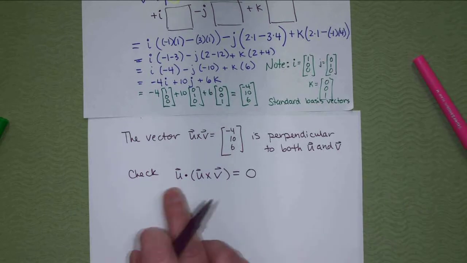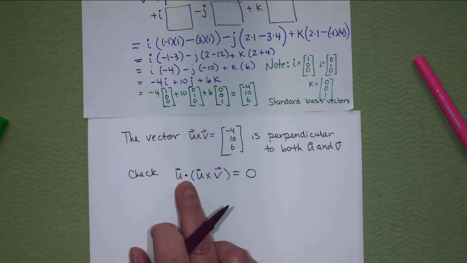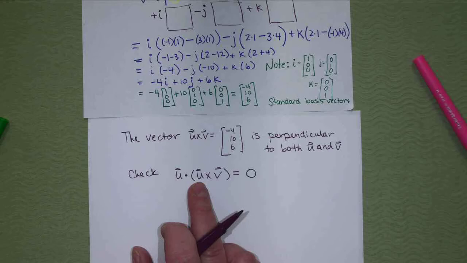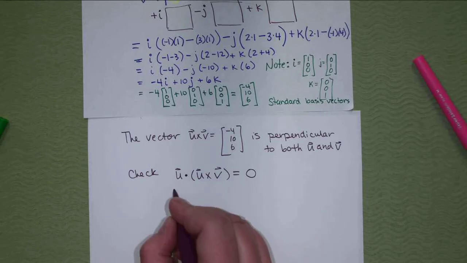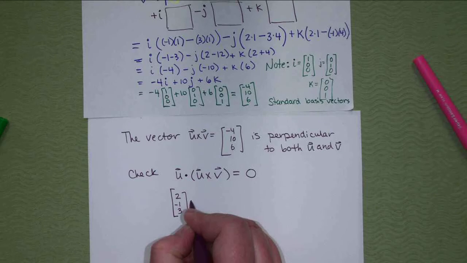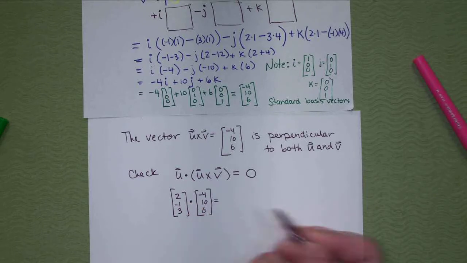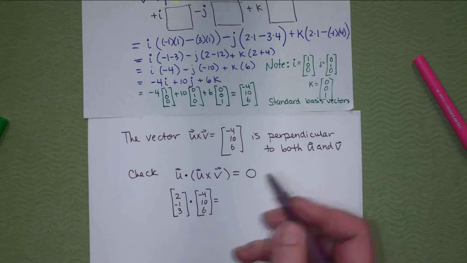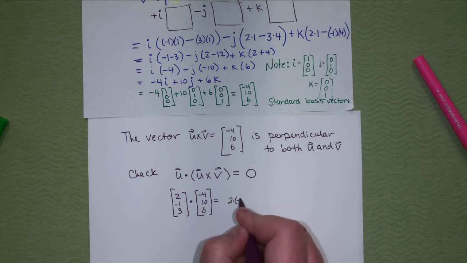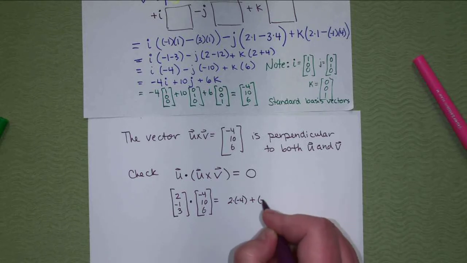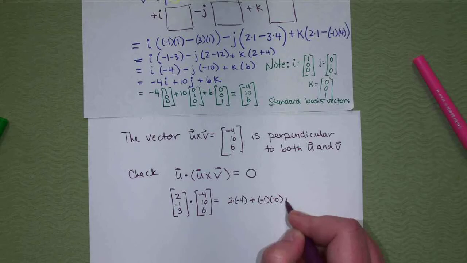So here I'm saying u dot, with the cross product. So u is 2, minus 1, 3. And if we dot that with minus 4, 10, 6, hopefully, if I didn't make a mistake, we'll get 0. So this is 2 times minus 4, plus negative 1 times 10, plus 3 times 6.